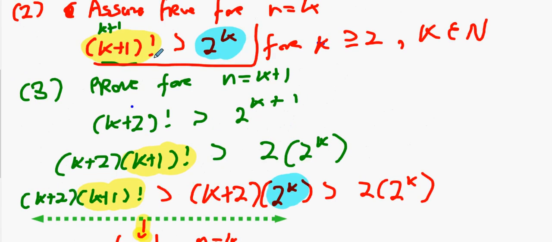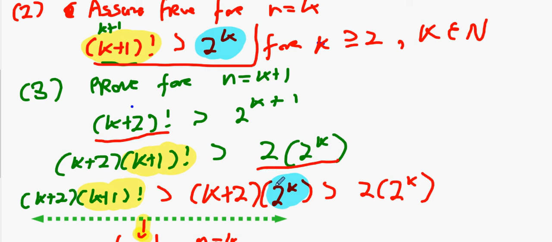Alright. Are you happy with part 2? Yeah. Are you happy that the yellow number is bigger than the blue number? Yeah. Alright. And are you happy that this (k plus 2) factorial here turns into (k plus 2) by (k plus 1) factorial? Now (k plus 1) factorial is the big number. The problem is it looks nothing like what you're trying to prove it's bigger than. So I'm using a substitute.